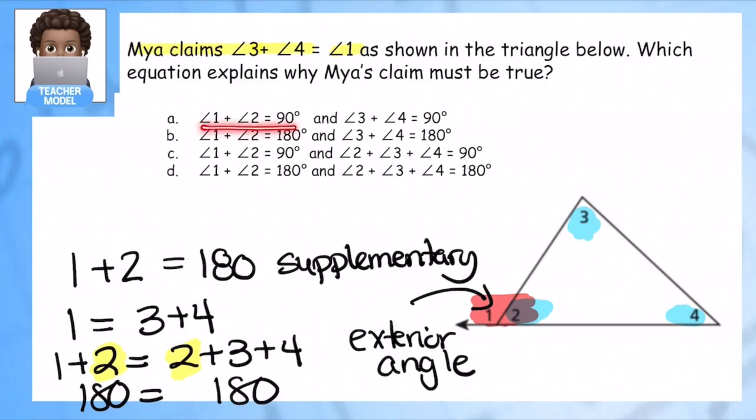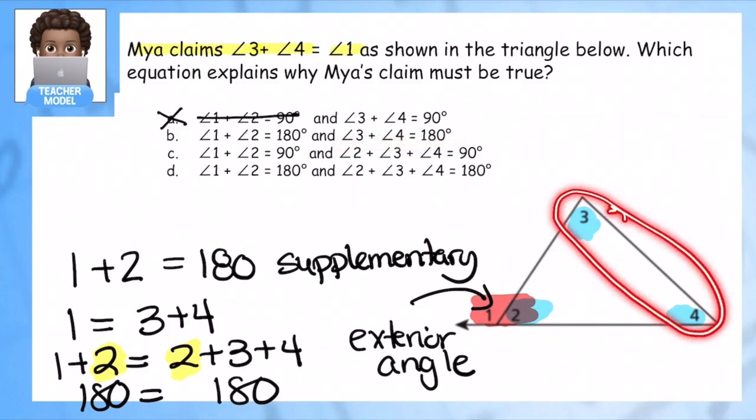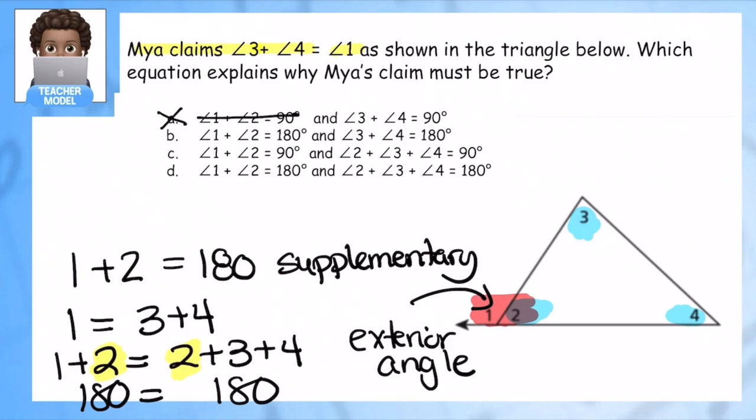Angles 1 and 2 are 90 degrees. 1 and 2, they make up 180 degrees, so no. So A, not valid. 1 and 2 make up 180 degrees. That's true. 3 and 4 make up 180 degrees. No, these are only two parts of the triangle. So that's not true.